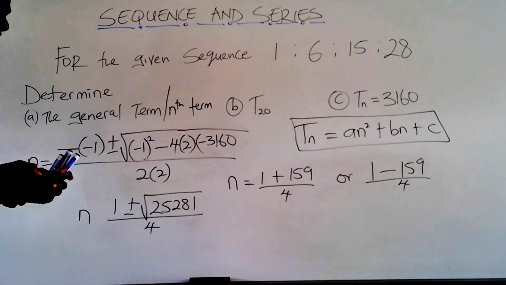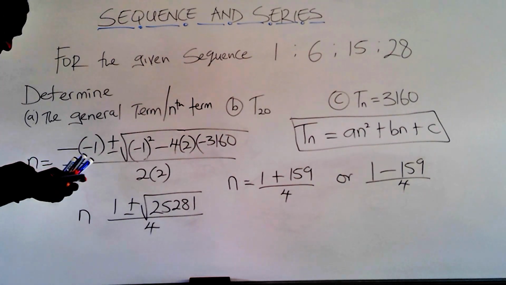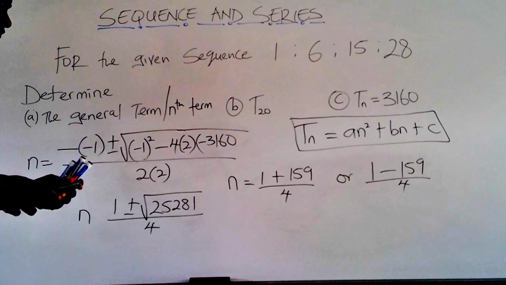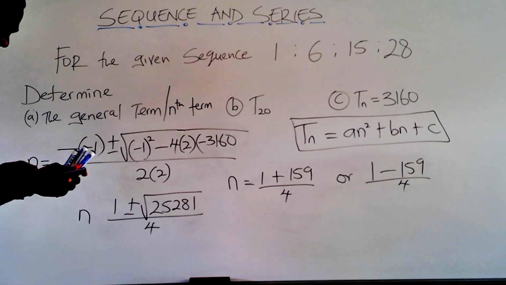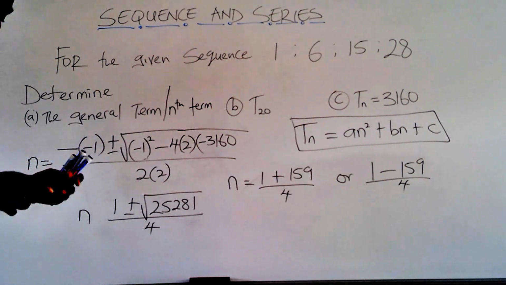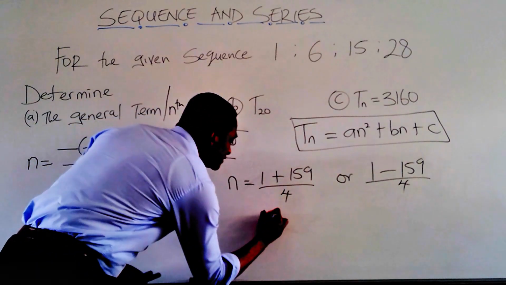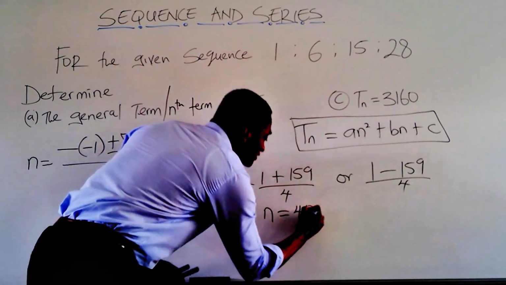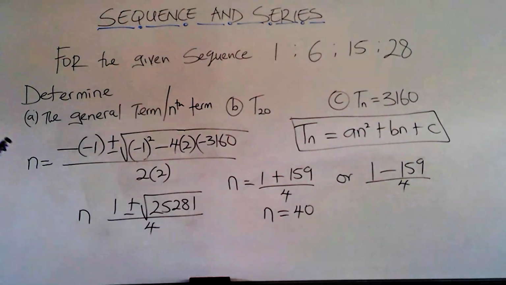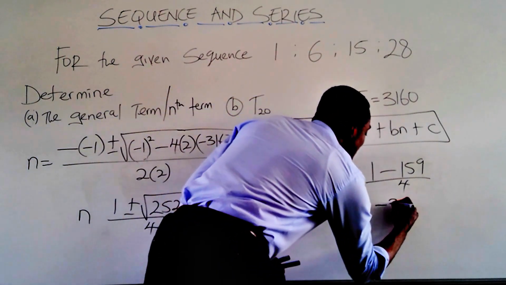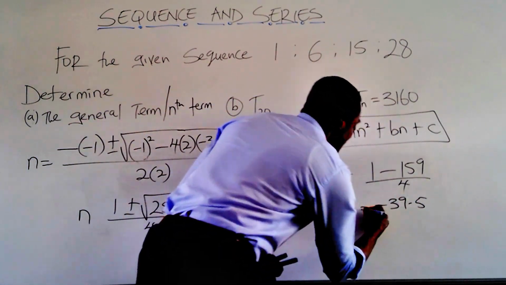You have to reject the one that is not applicable. So the first one gives us 160 divided by 4, which is going to give us 40. And then the next one gives us minus 158 divided by 4, which will give us negative 39.5.